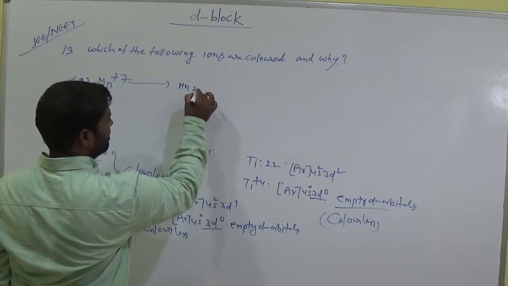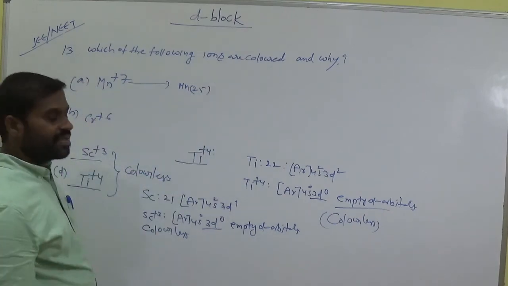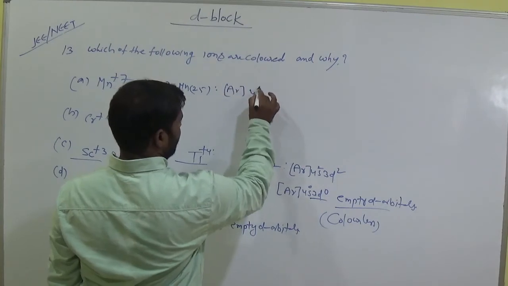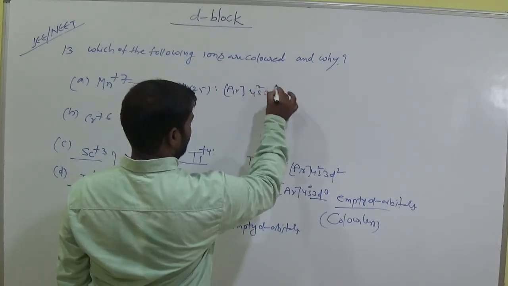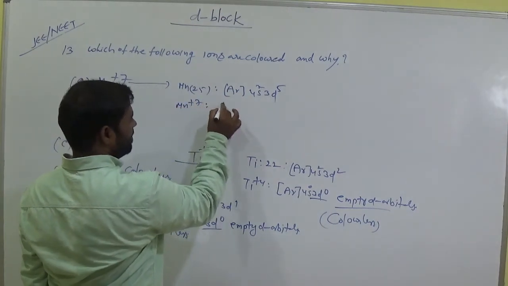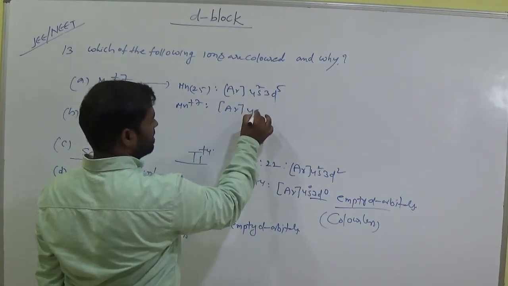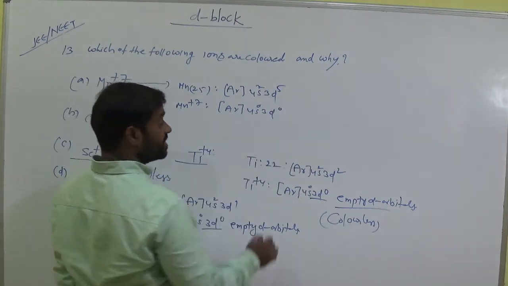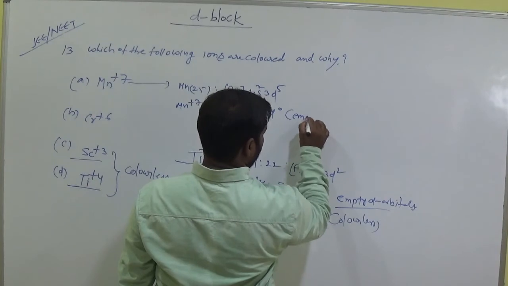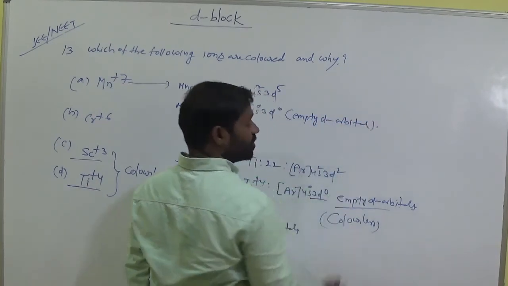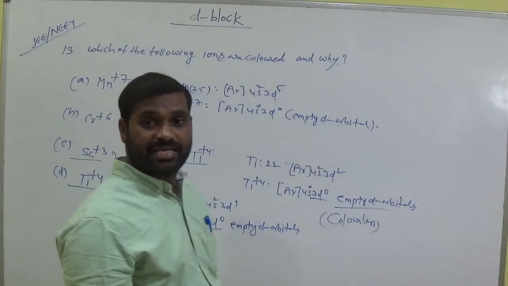What about Mn plus 7 here? Manganese, its atomic number is 25. Clear? And its electronic configuration is argon 4s2 3d5. So Mn plus 7 means remove 7 electrons, then 4s0 and 3d0. Empty d orbitals. I think you are expecting colorless, am I right?